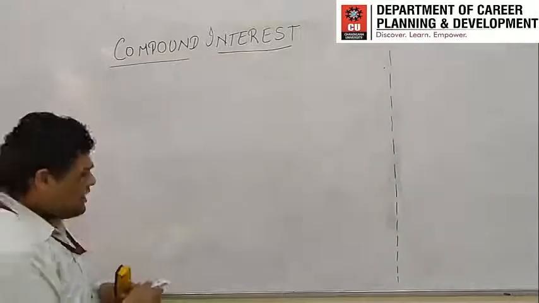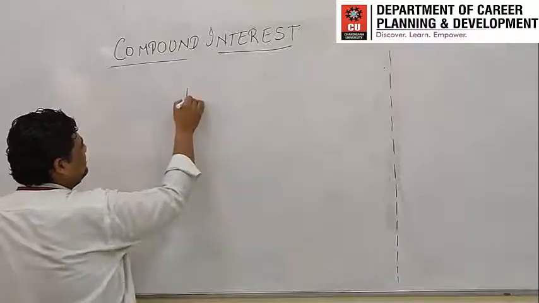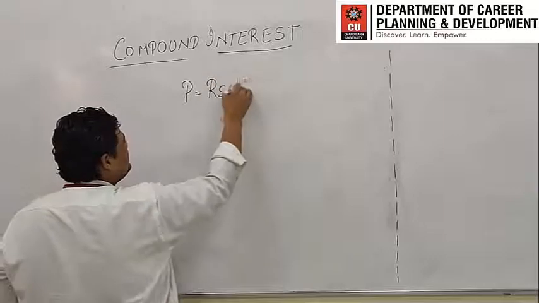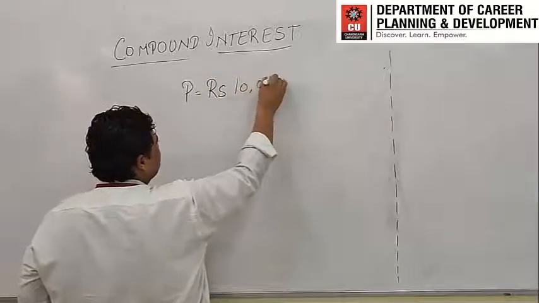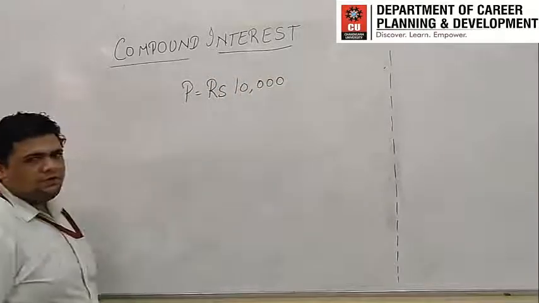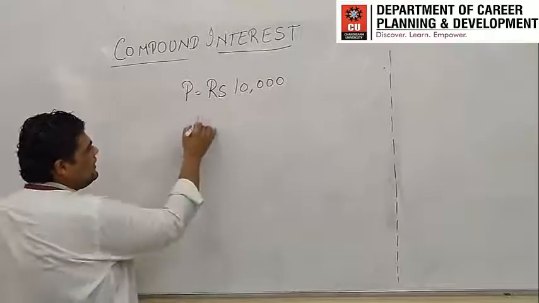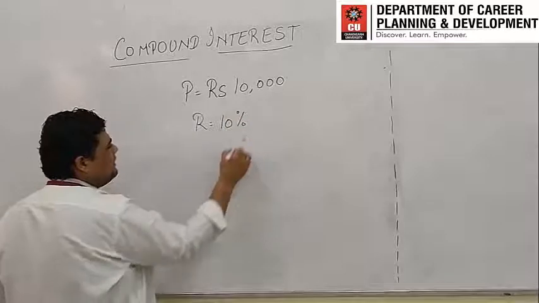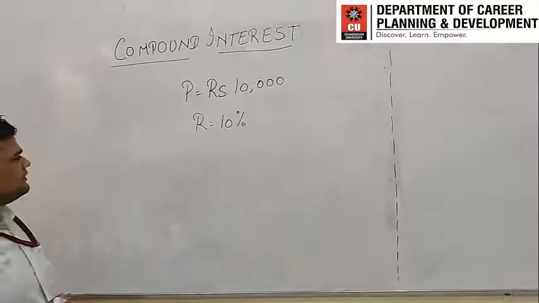So for this compound interest, I am taking the principal, which you always take. Let the principal be rupees 10,000 and let the rate be 10%.